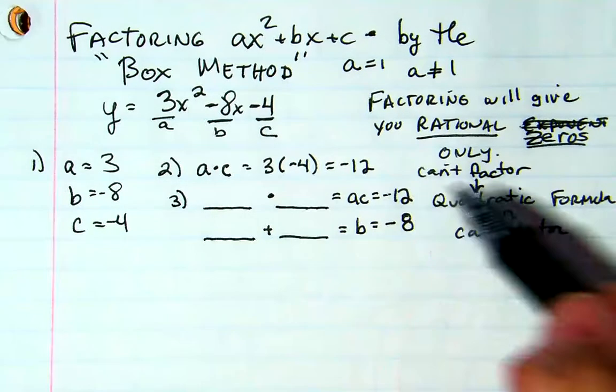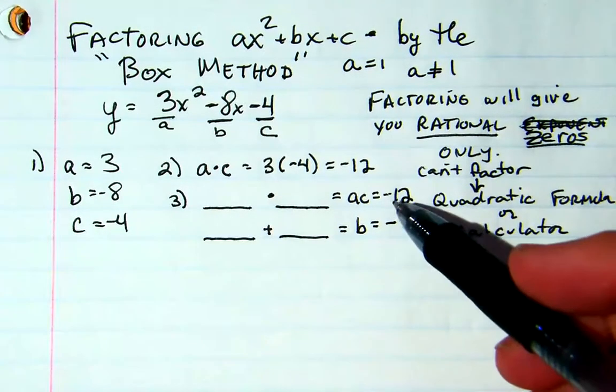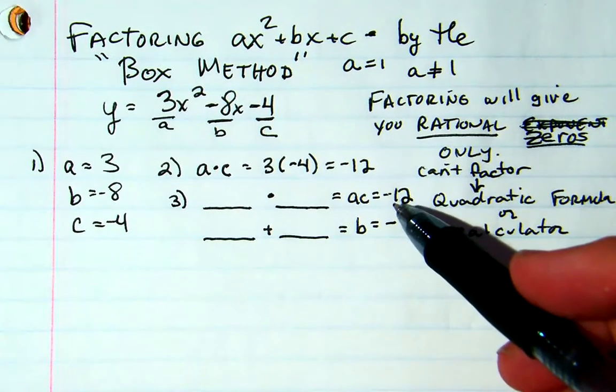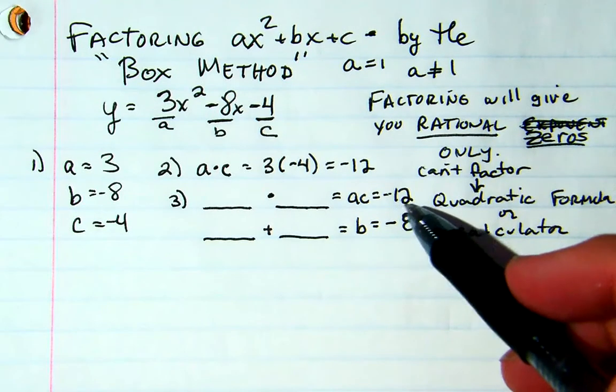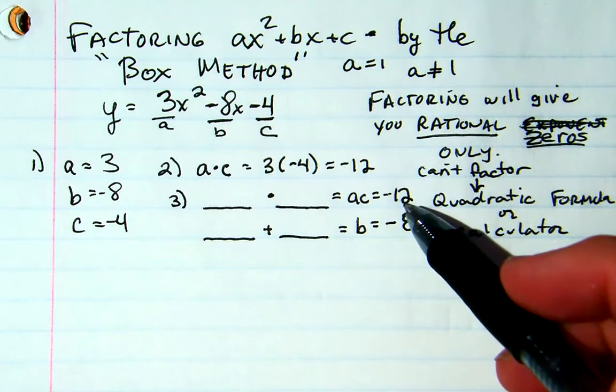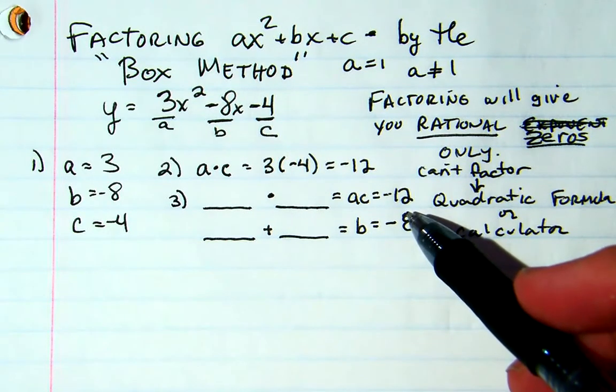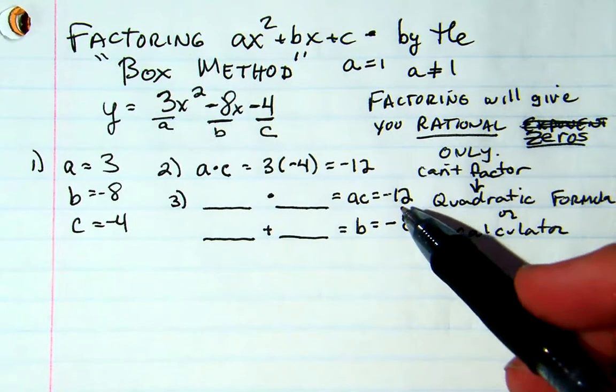So this is where you have to make your decision. All right, I got a -12. I think, all right, what two numbers are going to have a difference of 8? And I have AC as a -12, so I need positive times negative. And we'll see if we could get this to work.